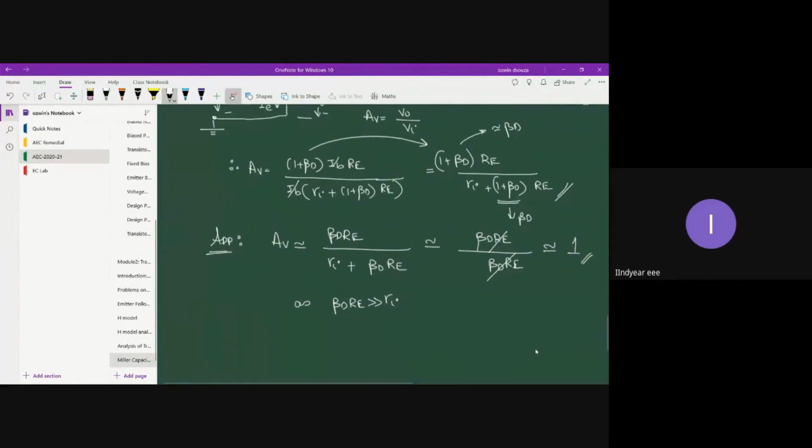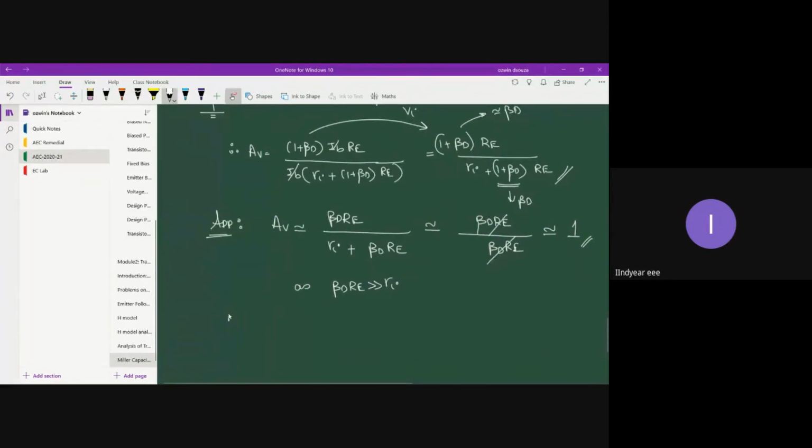Okay, that means to say for a Darlington emitter follower circuit, output is equal to input and phase shift between V0 and Vi is equal to 0 degree.